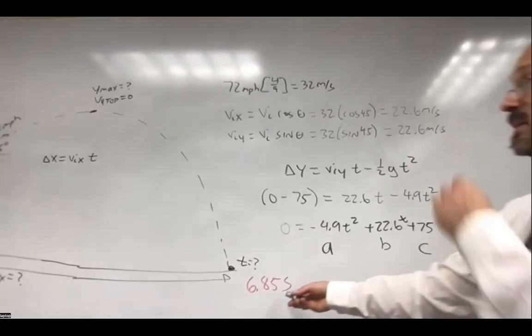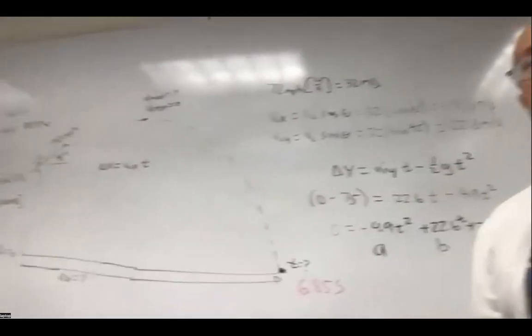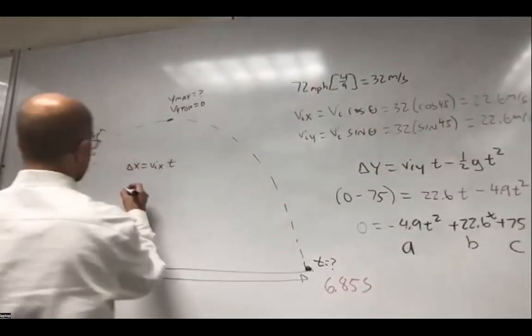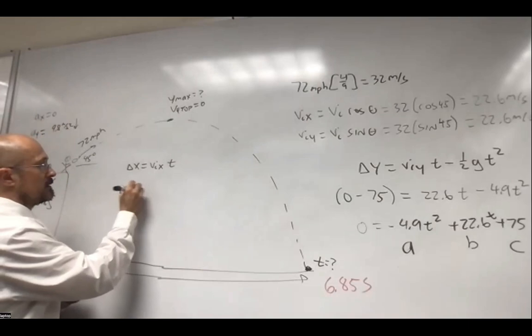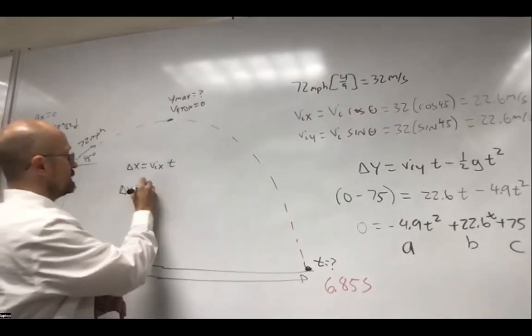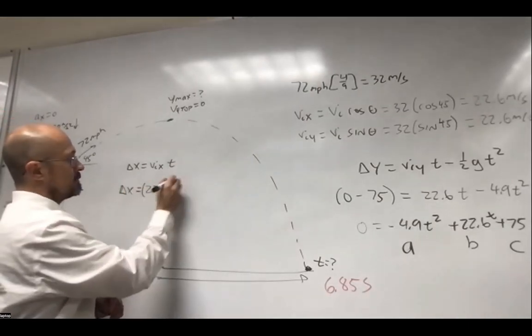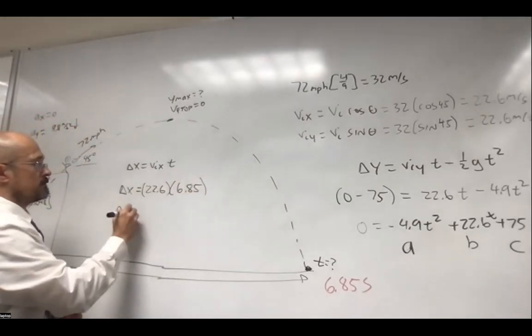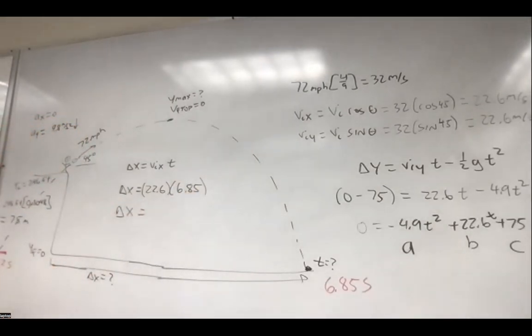So this is our time to get here, and now we can solve the problem, right? Now you can solve your problem because delta x is 22.6 times 6.85. That's close to it.